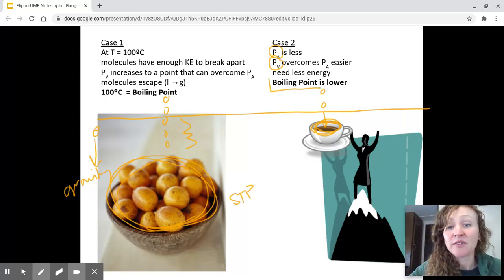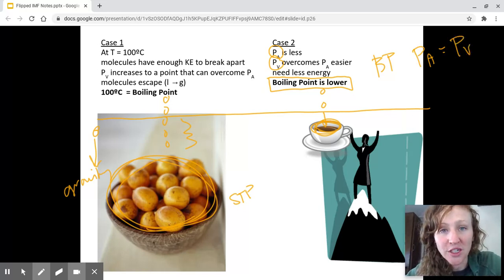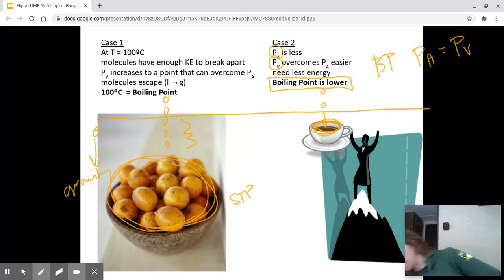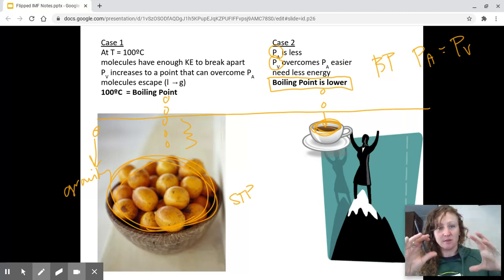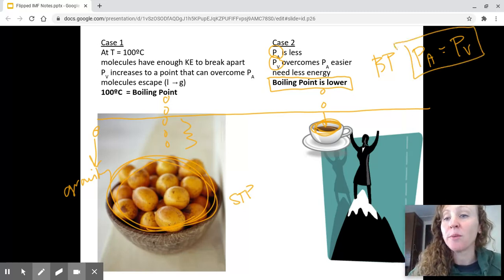That actually affects your boiling point. So the boiling point is the point at which your atmospheric pressure is equal to that force causing the vapor pressure, and the liquid starts to turn into gas. That's boiling, right? Liquid turns into gas and escapes the body of liquid.